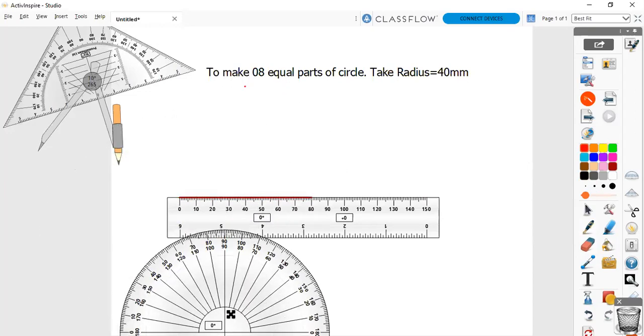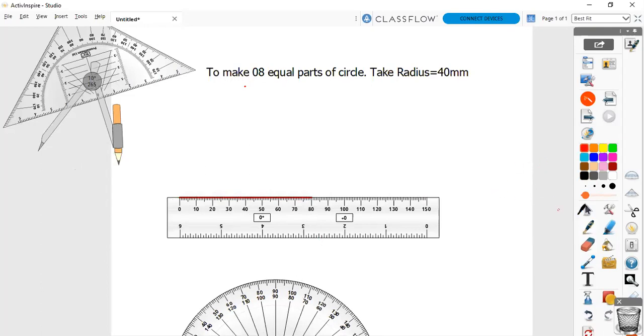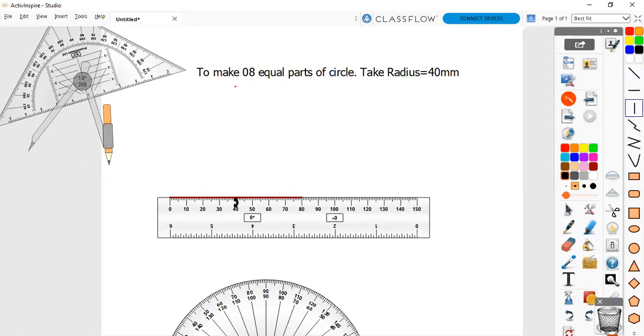Now remove it and draw one vertical line which joins this point with this point.